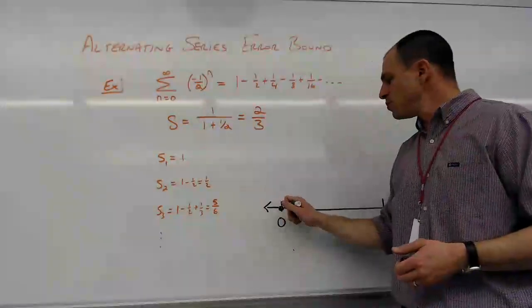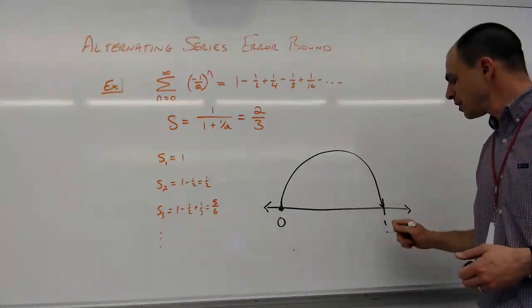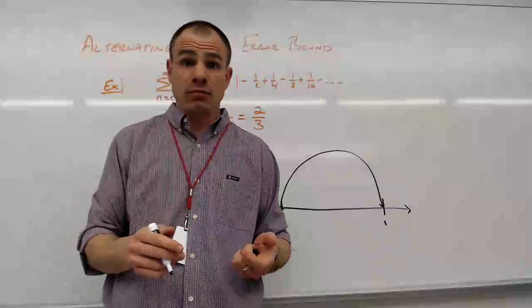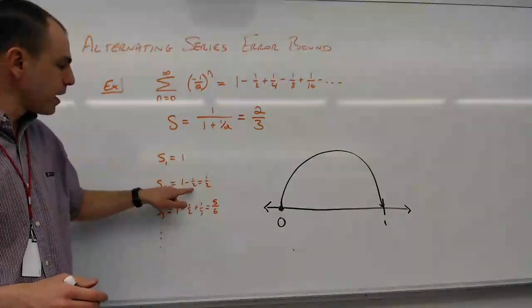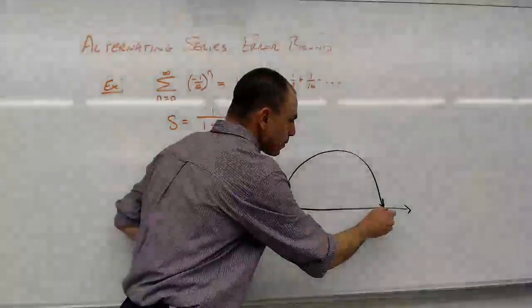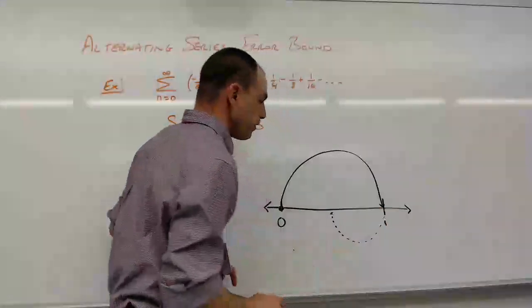So that means that we jump all the way over here to 1, and that's after one term. Now let's bring in the second term. The second term is -1/2, so we have 1 minus 1/2, which obviously is 1/2. So that drops us back to right about there at 0.5.